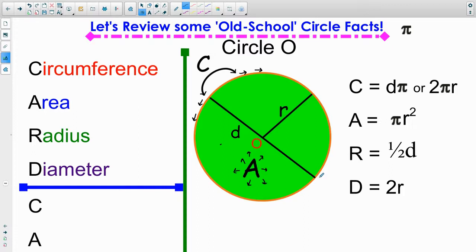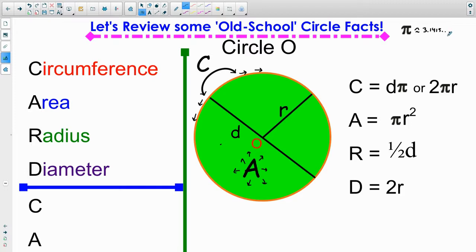Now, with circumference, the length of the line that it draws around the circle, the orange line in this picture, will always be equal to your diameter times this funny irrational number that we often use with circles, pi, which is approximately 3.1415... It goes on forever.